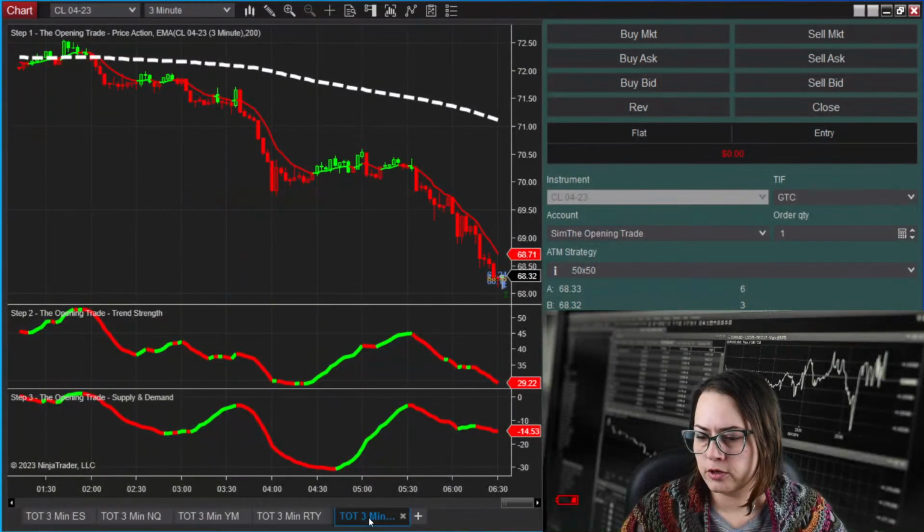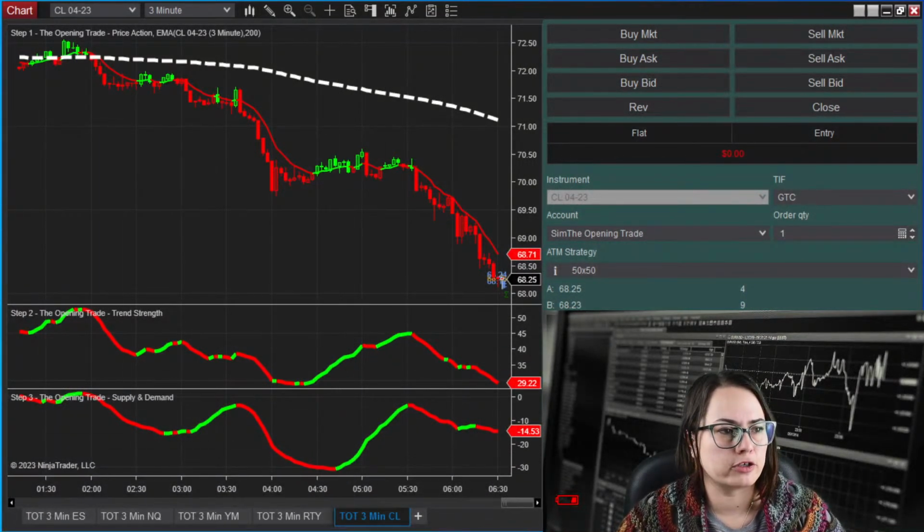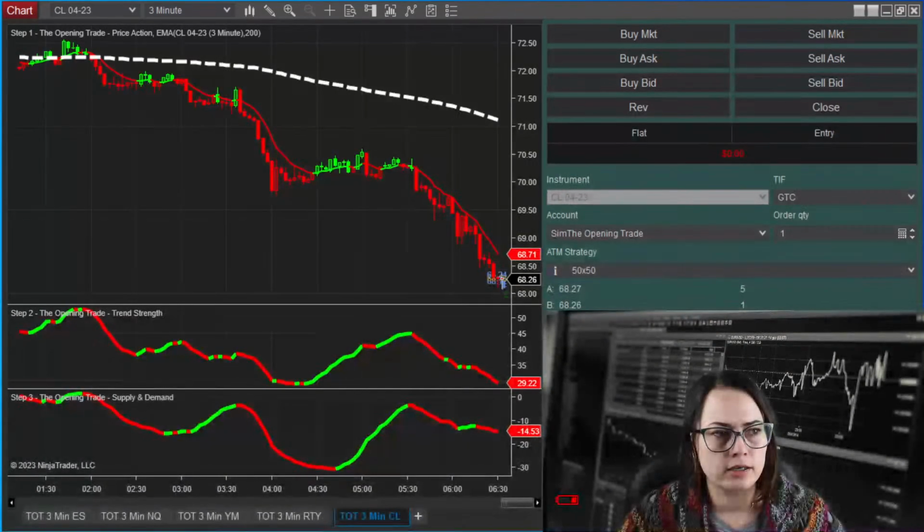So I will be watching here on the crude oil. We could see maybe a potential for a manual trade. We'll keep an eye.